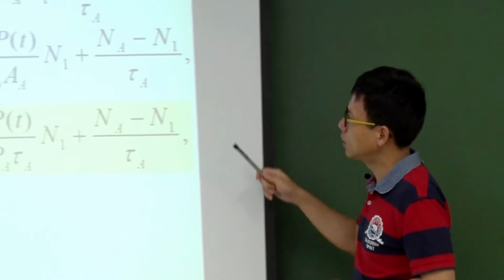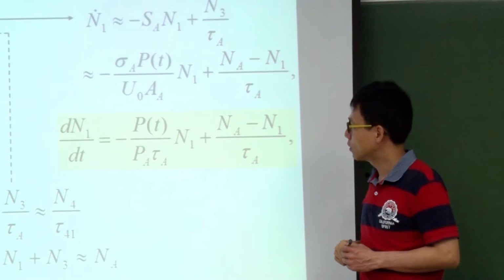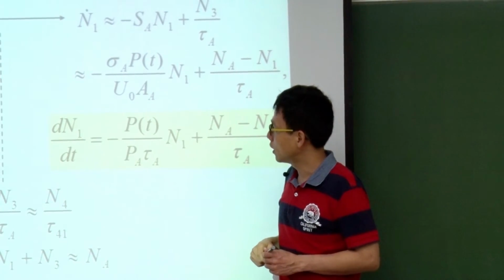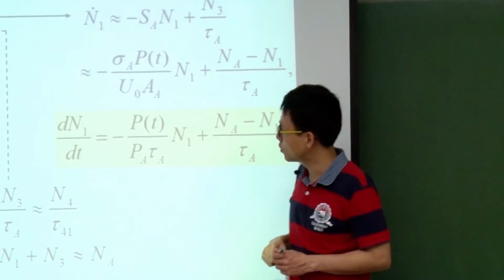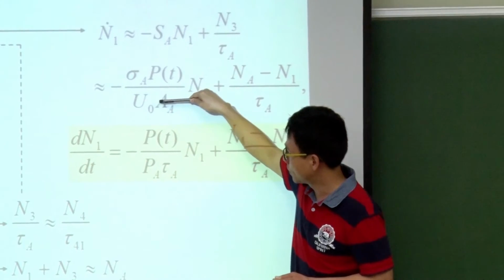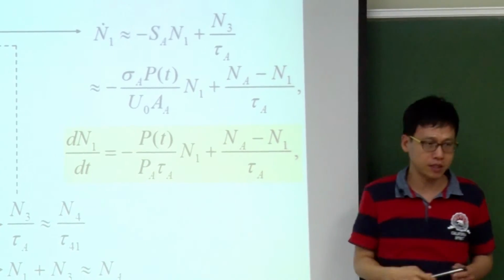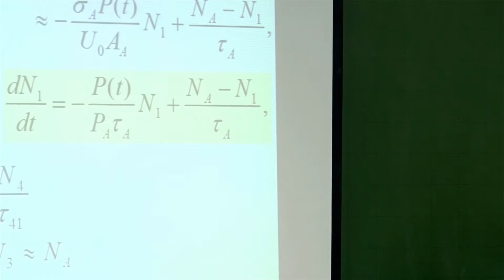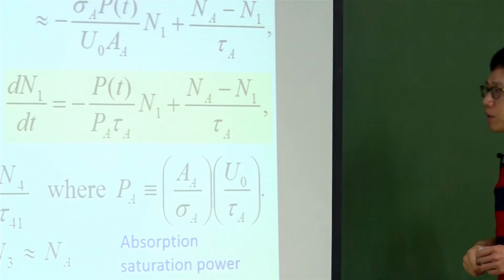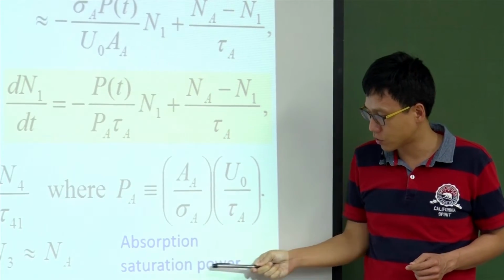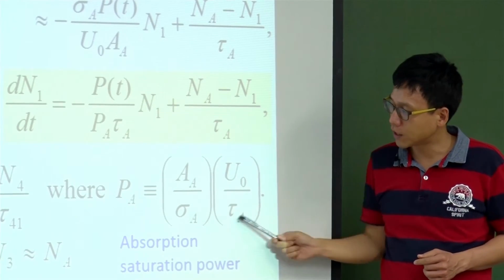So this is the final equation we obtained. The only new definition we introduced is replacing sigma A U0 over AA in this way, PA tau A in the denominator, where PA is a new parameter, the absorption saturation power, defined in this way.